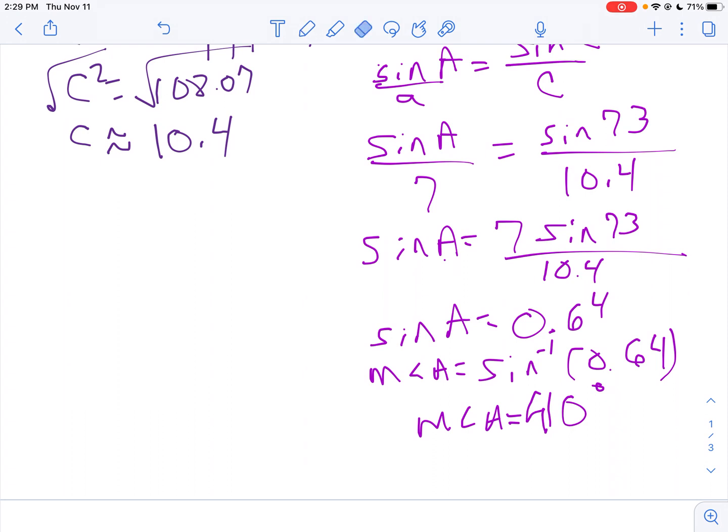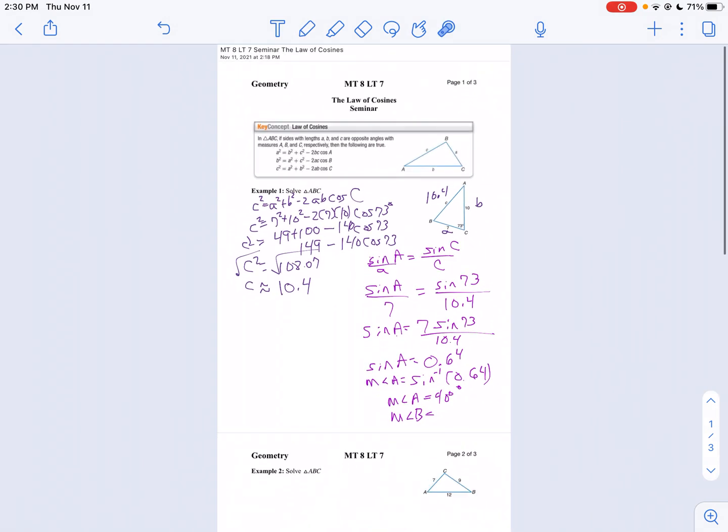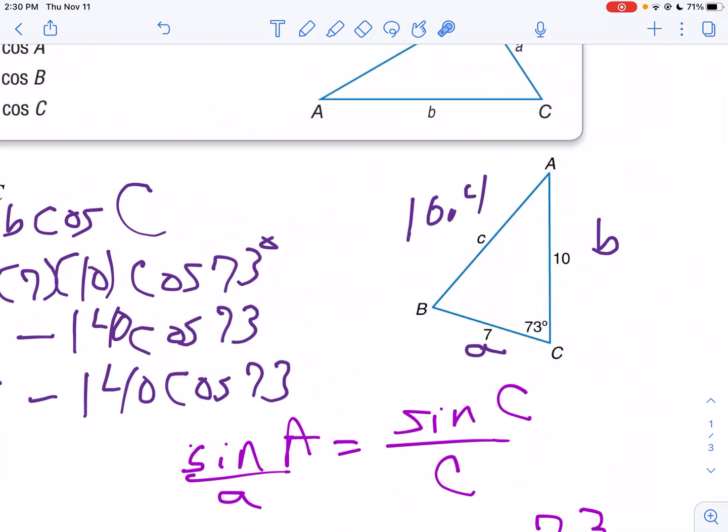I'm going to rewrite that. And then to find angle B, you don't have to use the law of sines or the law of cosines. Let's use the triangle sum theorem, because now we know angle A is 40 degrees. We know angle C is 73. We know there's 180 degrees in a triangle.